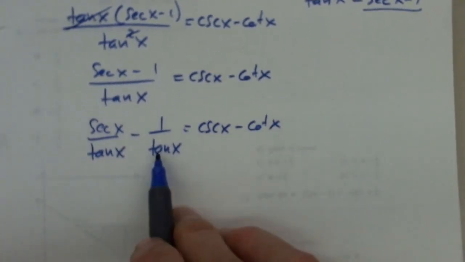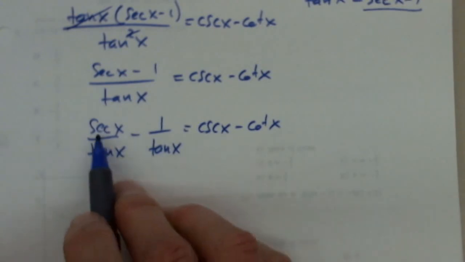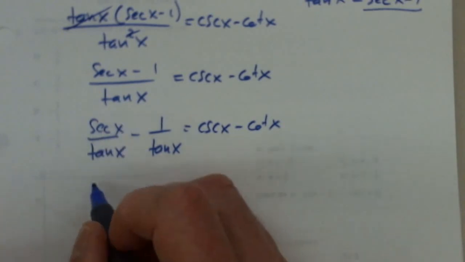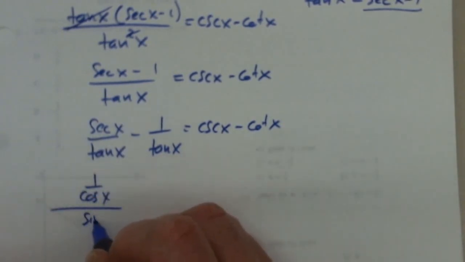And this is cotangent. This, maybe it's hard to see that it's going to be cosecant. We can change these into sines and cosines. So secant is 1 over cosine. Tangent is sine over cosine.